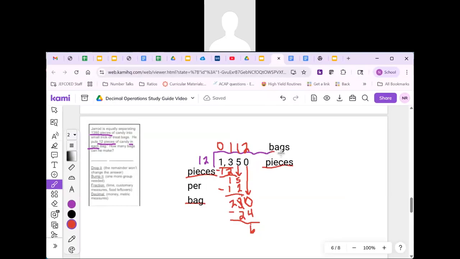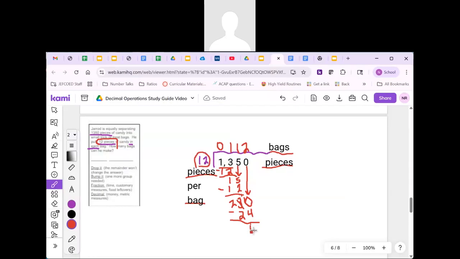That's the question. Can I get another bag with 6 pieces? No, because my bags must have the 12 pieces it told me in the problem. So I cannot make another bag of 12 out of 6, right?